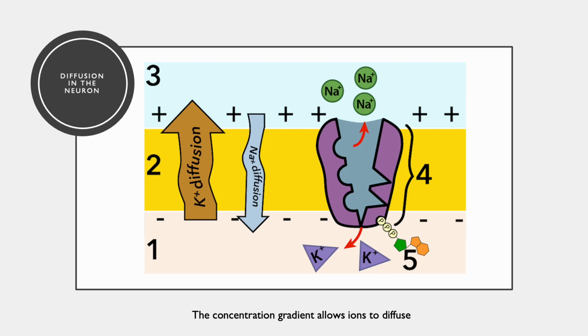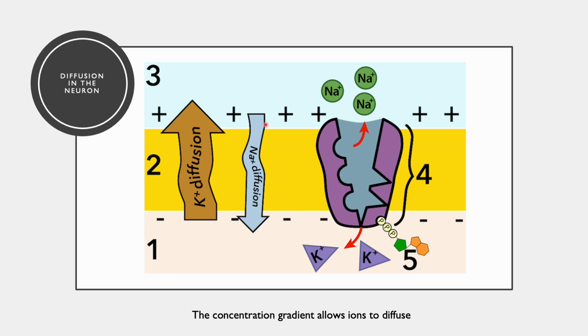The concentration gradient allows ions to diffuse across the phospholipid bilayer. For example, if we look here, this is representing passive transport, in which ions are going to be moving with and along their concentration gradient. For example, potassium is going to move from an area of high concentration inside of the cell to an area of lower concentration outside of the cell.